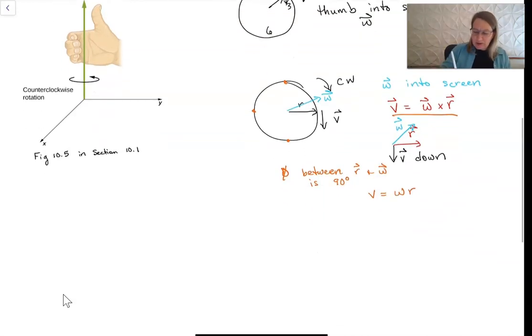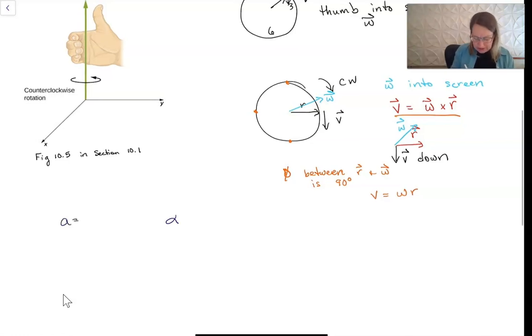The last thing I want to say very quickly is about alpha, which is our acceleration. We have acceleration is dv dt. The Greek letter for the first letter in the alphabet is alpha, so that's d omega dt. So this is an angular acceleration.